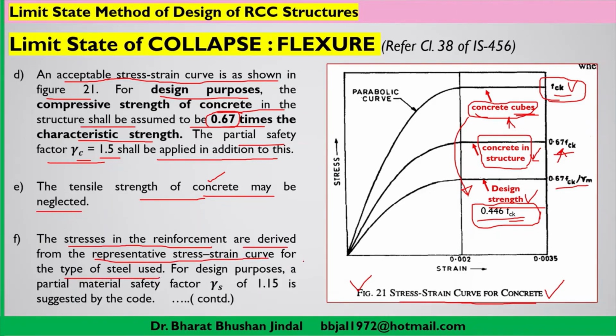So whatever be the type of steel you are going to use, whether it is mild steel or high strength steel, accordingly you have to take the help of the stress strain curve of that particular type of steel. And for design purpose we are using a partial material safety factor gamma s for steel, which is 1.15. So we will be able to understand it in the next slide.